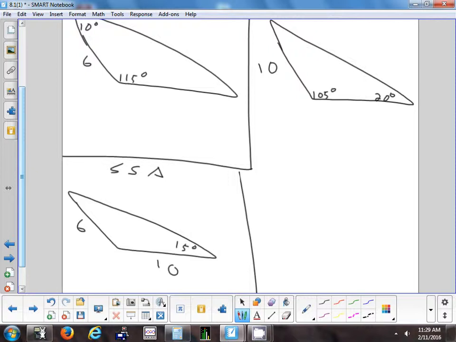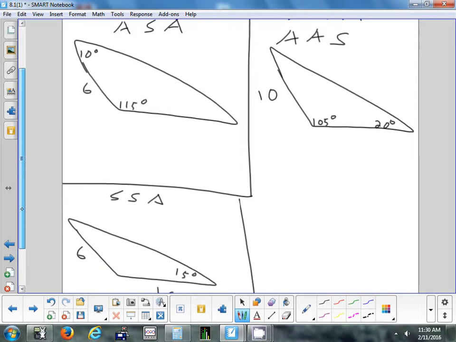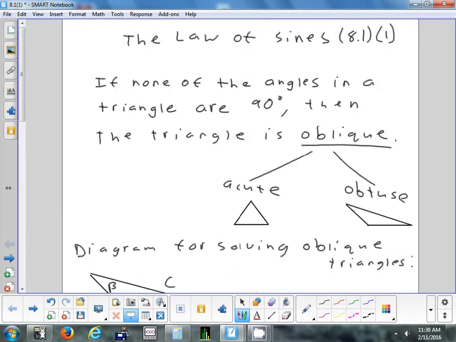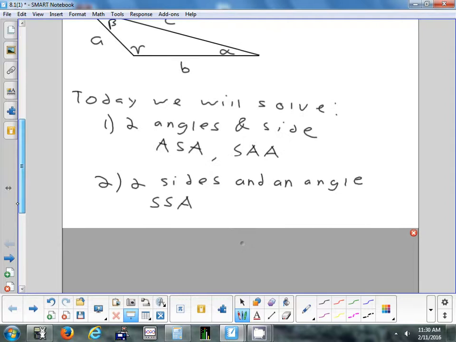This would be very different if it was side, angle, side. We cannot solve a side, angle, side problem with the law we're learning today. It doesn't work. There's one other combination here. Anybody think of the other combination of letters? Okay, side, angle, side, that's not today.